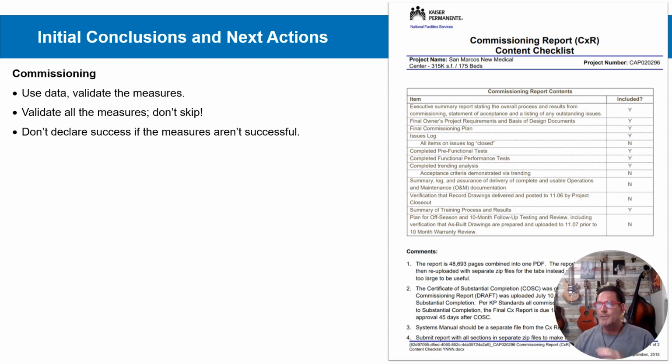And then in commissioning, we want to use the data. We want to validate the measures. We do want to validate all the energy measures and not skip energy measures. And then, it's hard, but not declare success on commissioning if those energy measures aren't in fact successful. And so that's going to require a lot of conversation. The commissioning checklist that you're looking at here is for a new hospital.